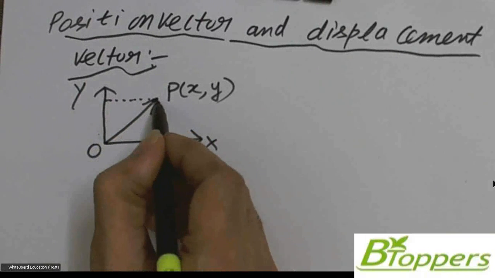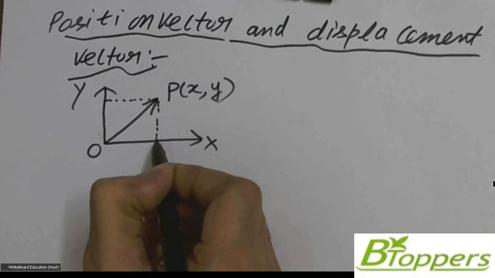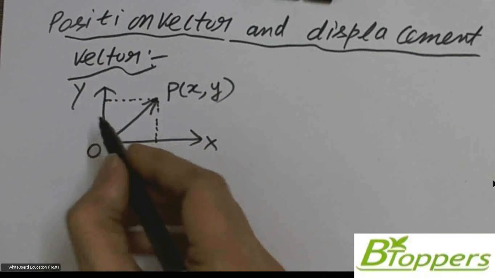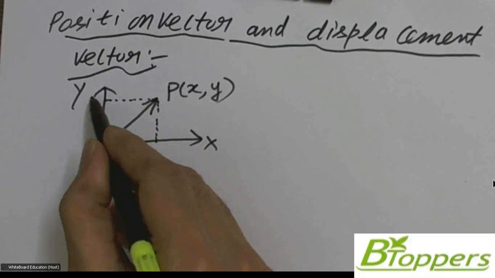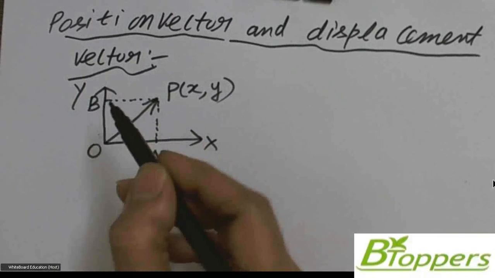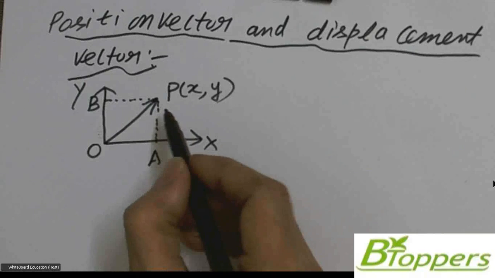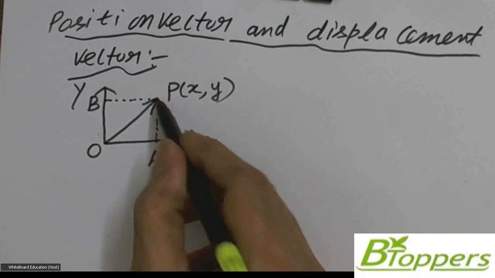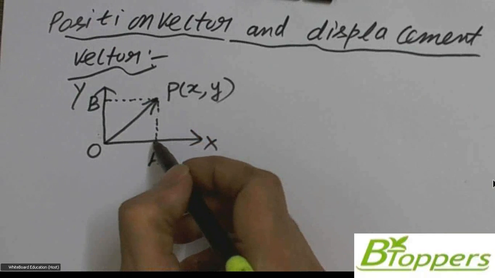You can drop a perpendicular from the point P on the x-axis. Similarly, you can drop a perpendicular from the point P on the y-axis. So A is the foot of the perpendicular dropped from the point P on the x-axis.